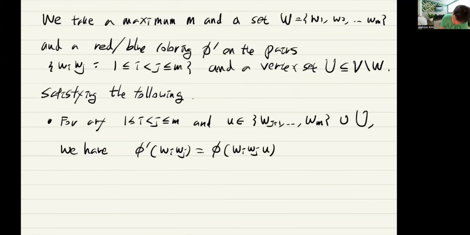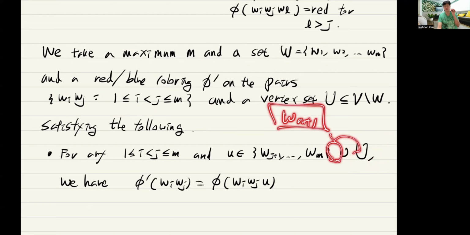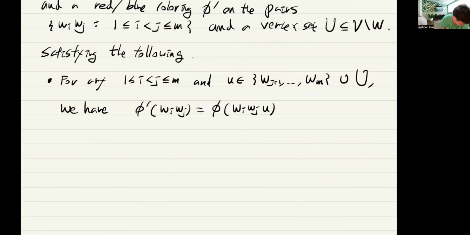This also holds for the vertices in U. That tells you that U are candidates to be added as Wm+1. If you add one more vertex from U, it also satisfies this property. So U is the proper candidate set for us to add.